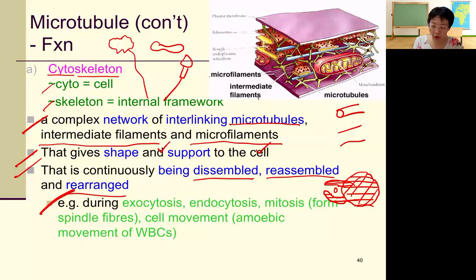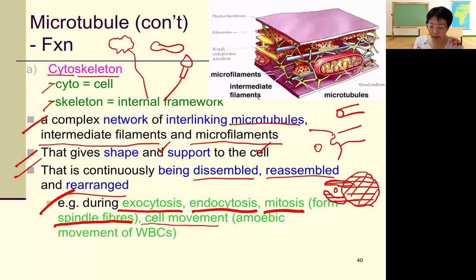This changing of shape is needed for the process of exocytosis, where something moves towards the membrane and fuses with it. Endocytosis. Mitosis, because you use the microtubule to form the spindle fiber.